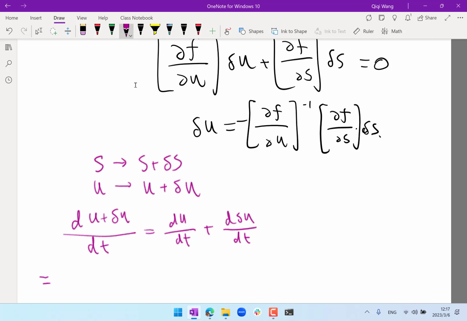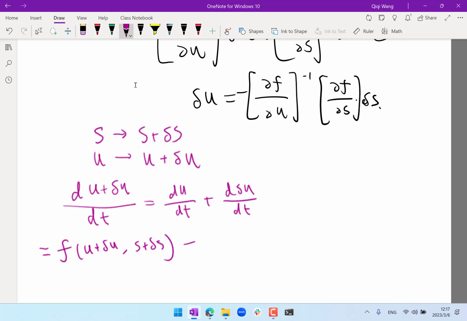That is equal to f of u plus delta u, s plus delta s, by definition, since u plus delta u has to satisfy the same differential equation with a perturbed parameter. Doing a Taylor series expansion, this is equal to f of u and s, which cancels with the du/dt term, plus two parts.